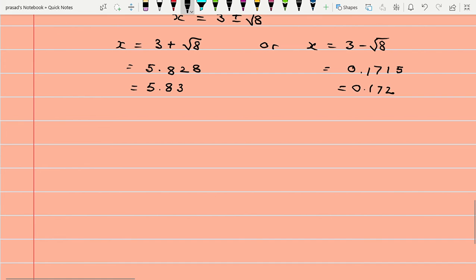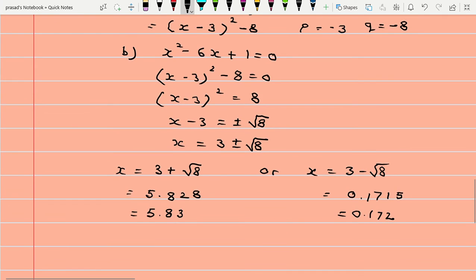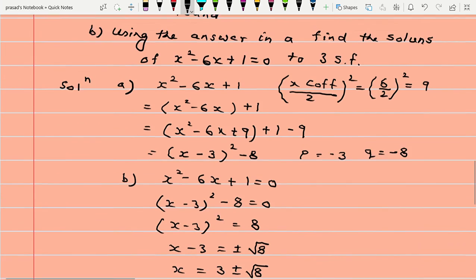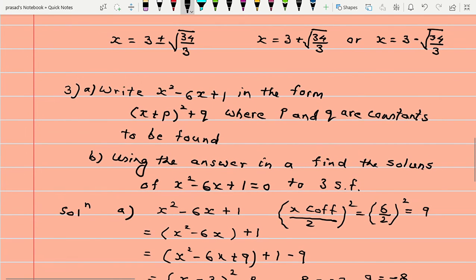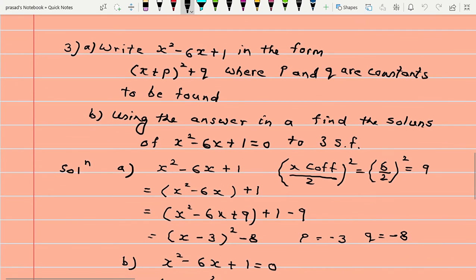Okay. So in the equation, keep it in mind. What are your steps? First, take the constant on the right side. If x square has any coefficient, take it common and divide by that coefficient on the other side. Consider x coefficient divided by 2, square it, add on both sides.